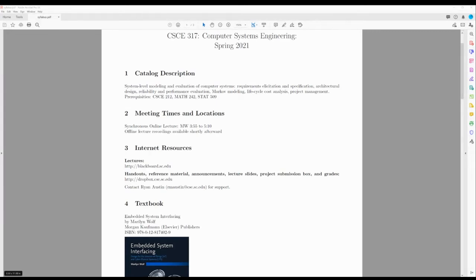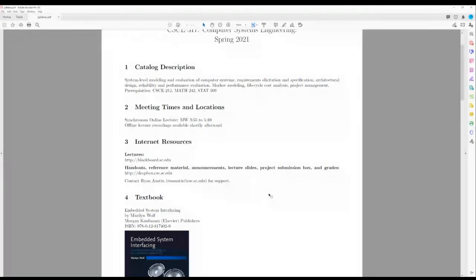Last spring, I think I mentioned this in my email, we were in the process of redesigning this course to take advantage of the brand new lab that was built in Swearingen 3D22.